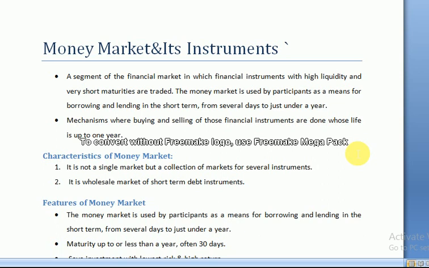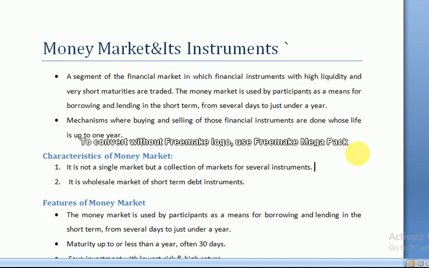Dear students, there are active secondary markets for most money market instruments, so they can be easily sold out before maturity. Look, if I have a promissory note or commercial papers with a maturity of 3 months, I purchase it, and after 1 month I want to sell it.